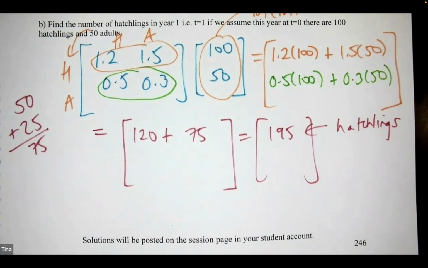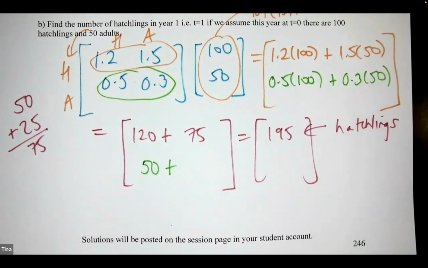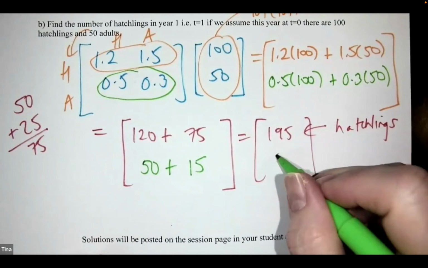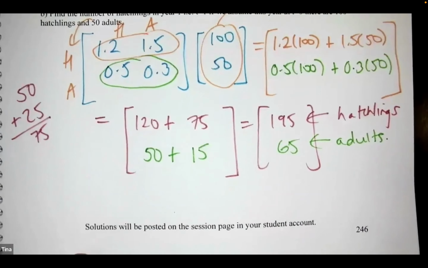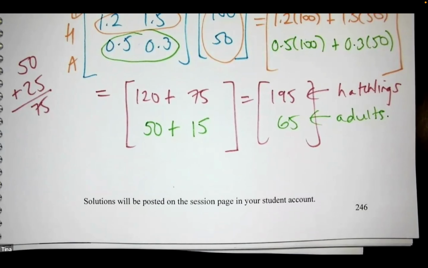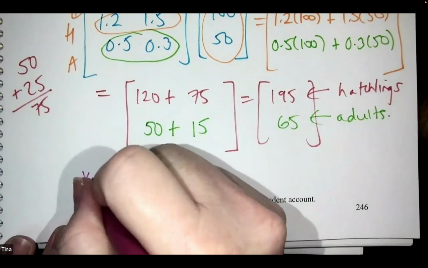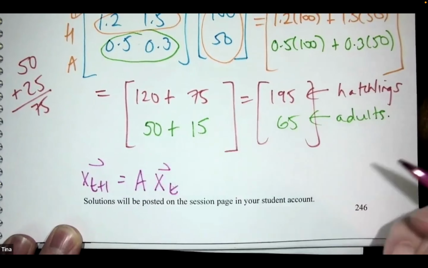Okay, now we have half of 100, so 50, plus 0.3 times 50. So 3 times 5 is 15, right? So 0.3 times 50 is 15. Okay, so in general, we can say with xt and xt minus 1, or we can say xt plus 1 and xt is this A matrix times the one before it, right?